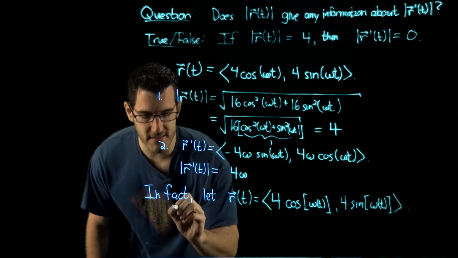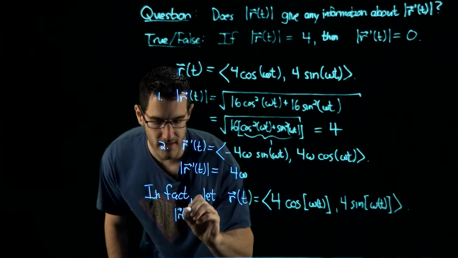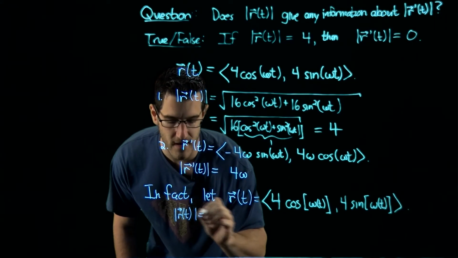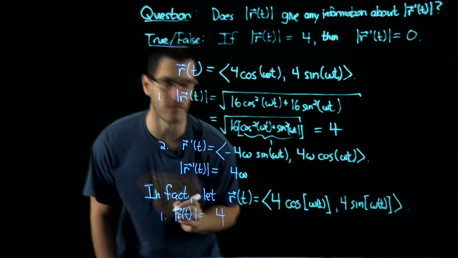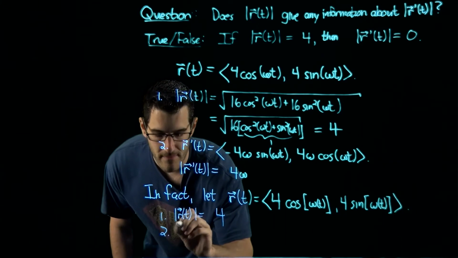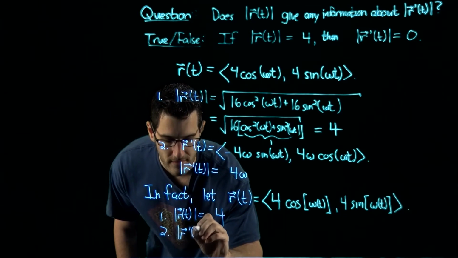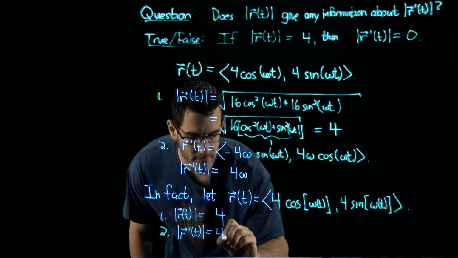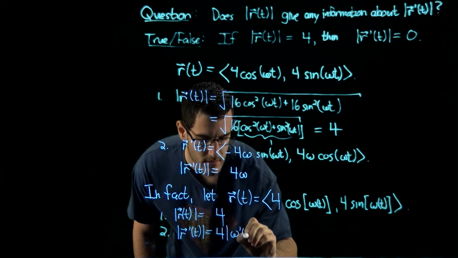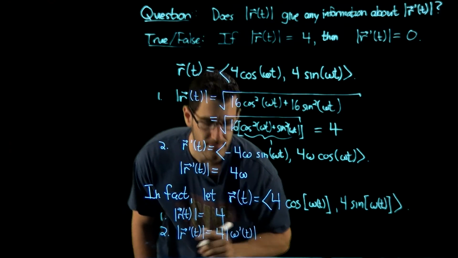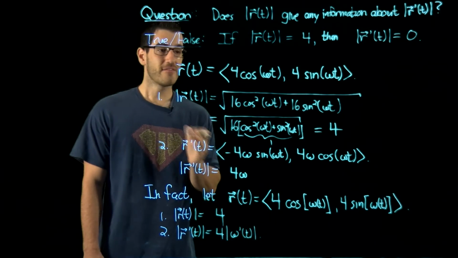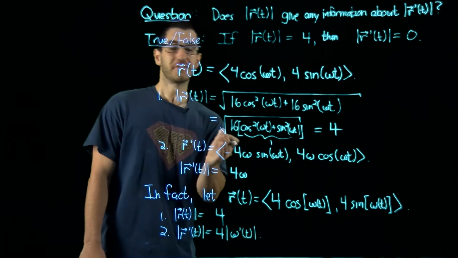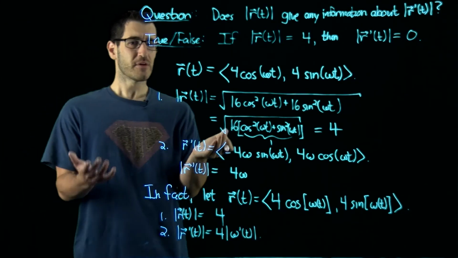If we do this, we can show via the same steps that we've done up there that this magnitude is still 4, and that the magnitude of the speed now winds up being 4 times omega prime of t.